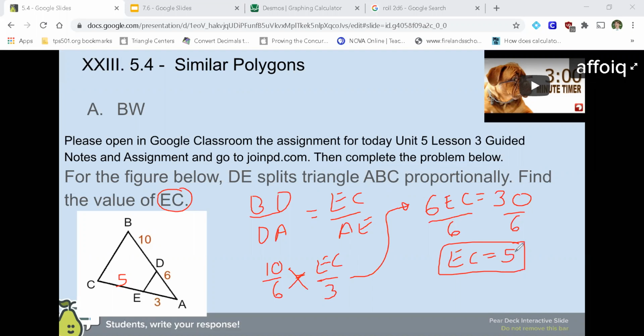Divided by 6, EC equals 5. Oh, I see what you're talking about now. That zoom is in the way. There's nothing on my screen that I can see of what you're talking about. Okay, sorry, that's my bad.